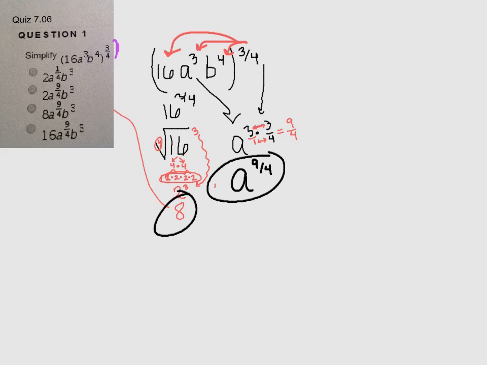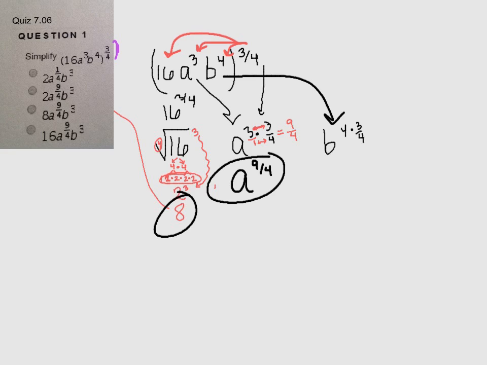Let's look at the b for the last part. You have b to the 4th power, and you're multiplying the 4th power times the 3/4 power. So you do the same thing. You make the 4 into a fraction, and you multiply the top with the top and the bottom with the bottom, and 4 goes into 12 3 times.